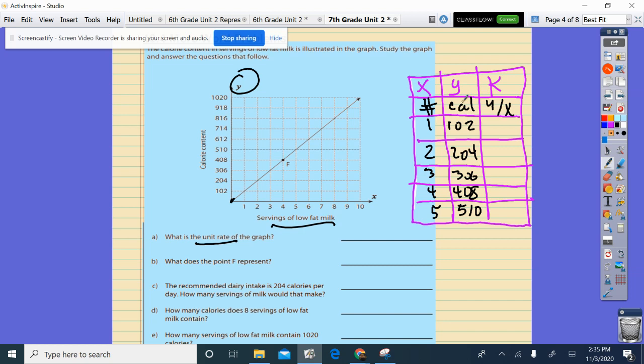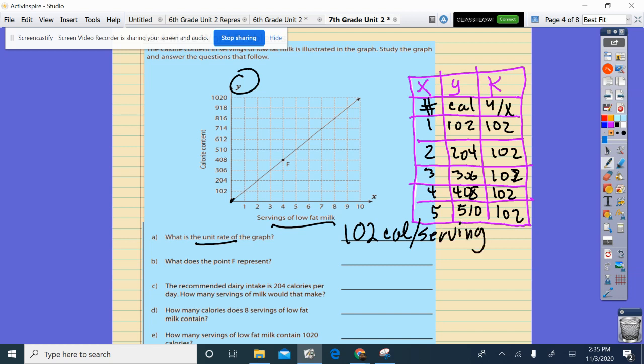Then what do I do? Well, I divide y by x. So 102 divided by 1 is 102. That one's easy. So 204 divided by 2, well, that's also 102. And as I go through here, I find that it is constant, 102. So it's 102 calories per serving.